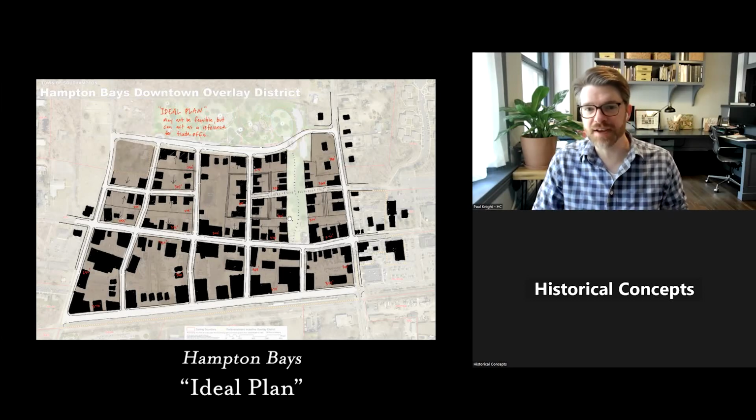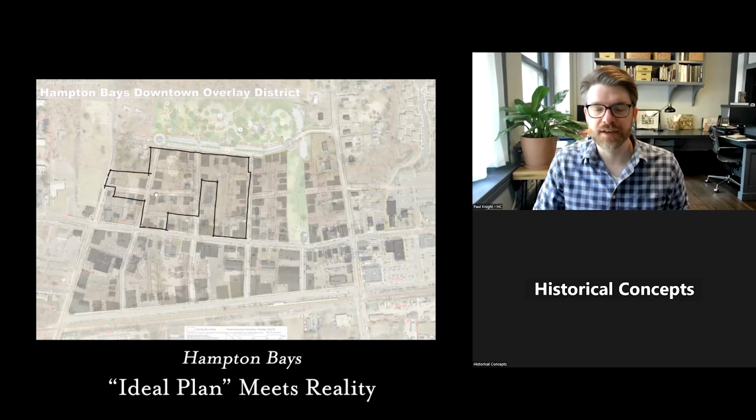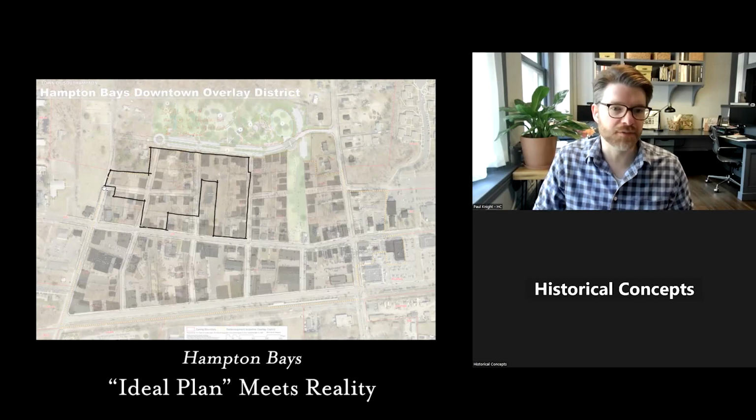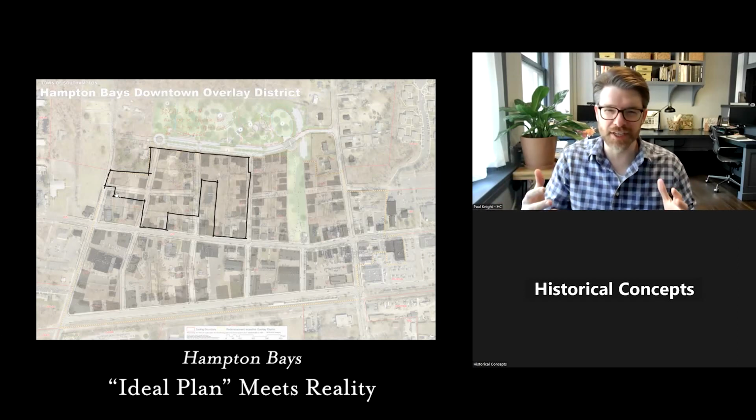Now that we have this, we can use it as an underlay if we ever encounter an odd-shaped parcel like this. If you've got a parcel like this, it's really hard to envision what you can do with that.